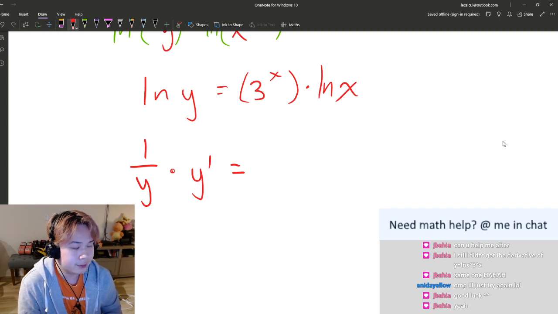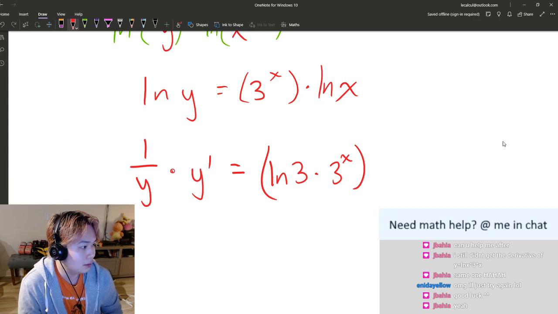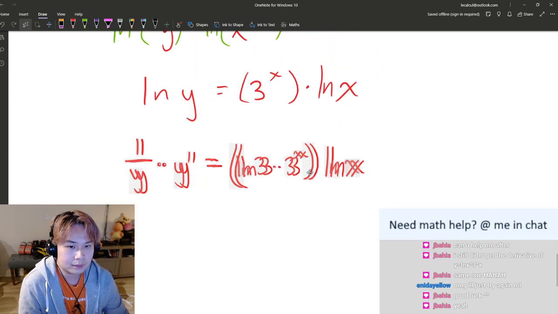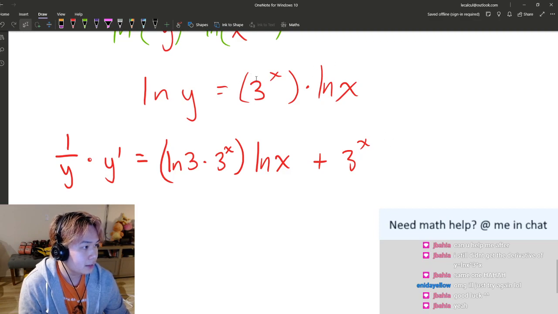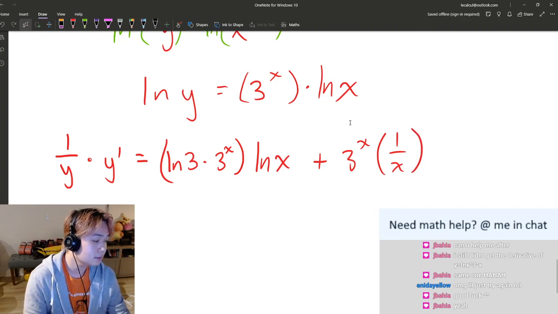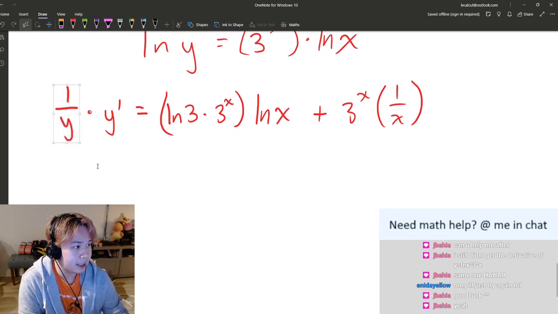So the derivative of 3 to the power of x is, as we saw, natural log 3 times 3 to the power of x. And then this multiplies with just natural log x. And then we're going to add 3 to the power of x times the derivative of natural log x, which is just 1 over x. And then we multiply both sides by y to isolate y prime.